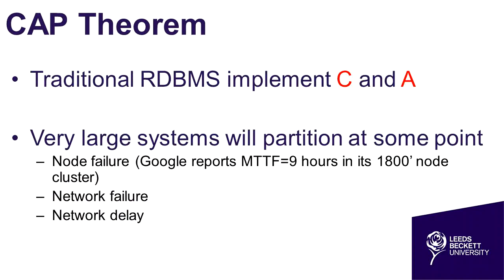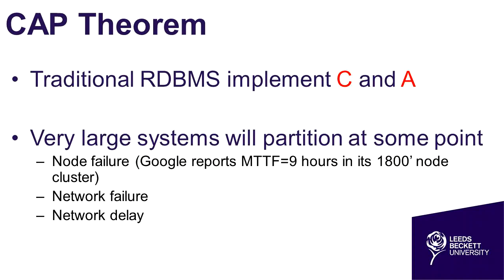I was talking about taking decisions on choosing between the CAP properties. Just to give you an example, a traditional RDBMS implements C and A, consistency and availability.